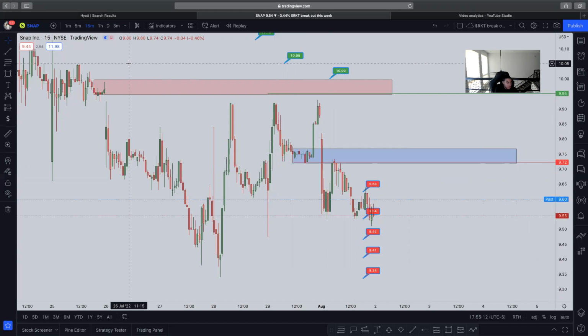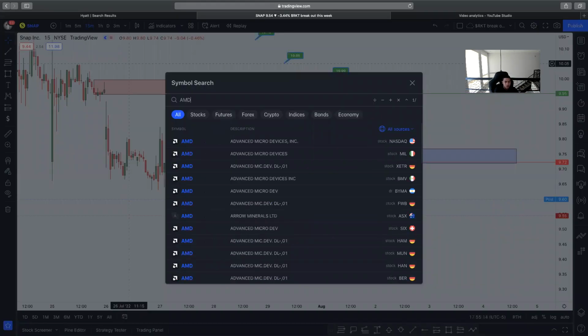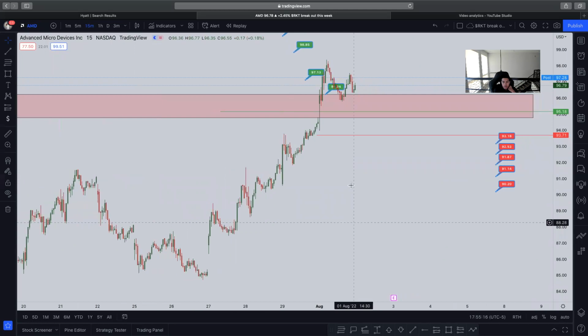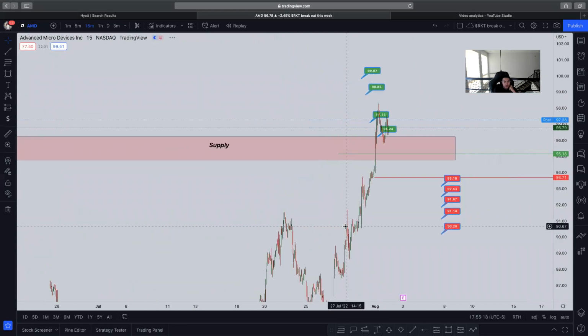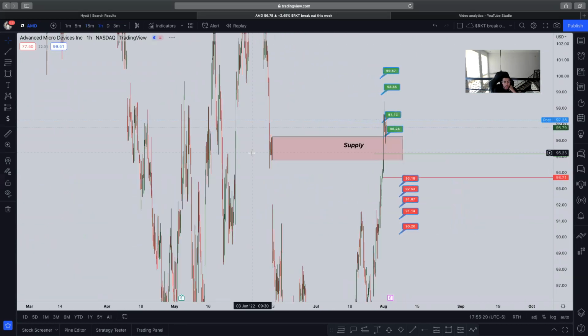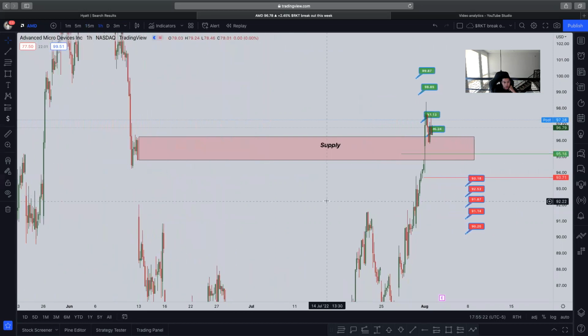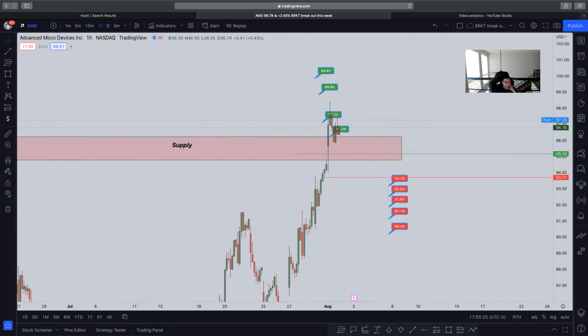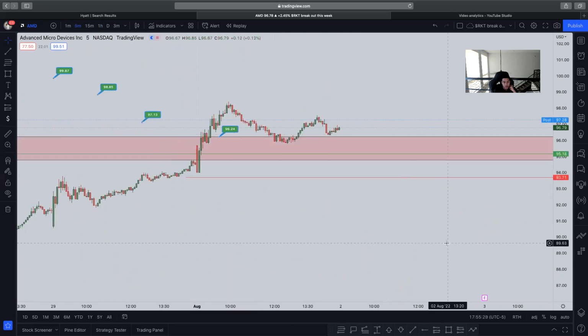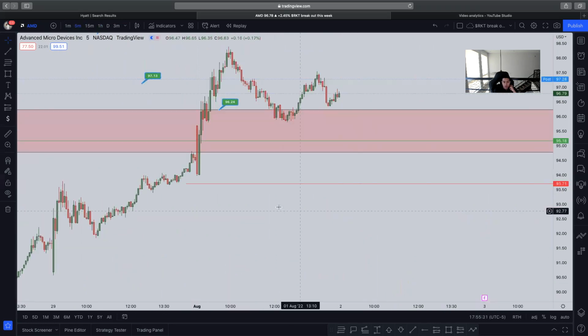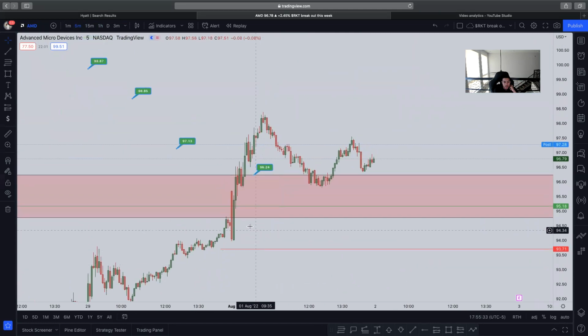Let's see. Oh yeah, I also did post AMD today as well. So with this, our entry was solely just based on the supply. I charted this out on Saturday, so like 2-3 days ago. So I don't necessarily remember why my entry was where it was at specifically.